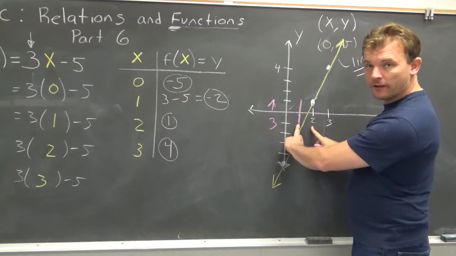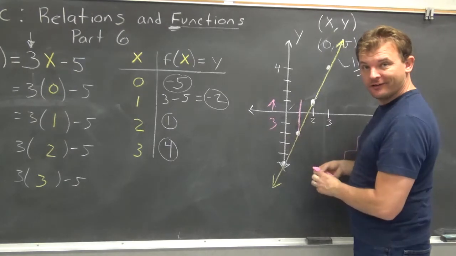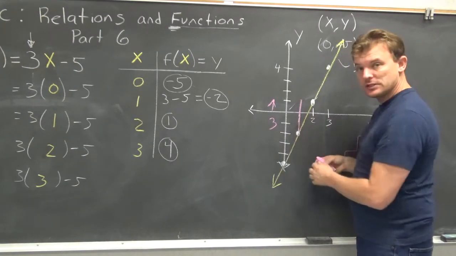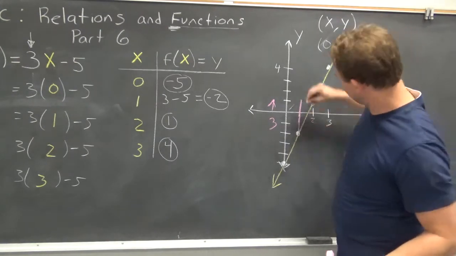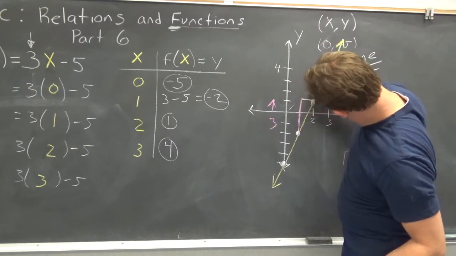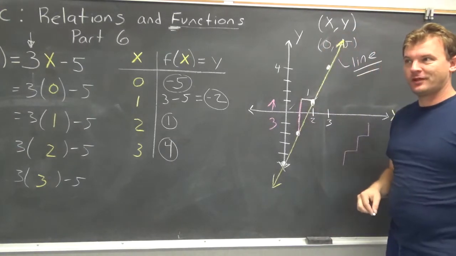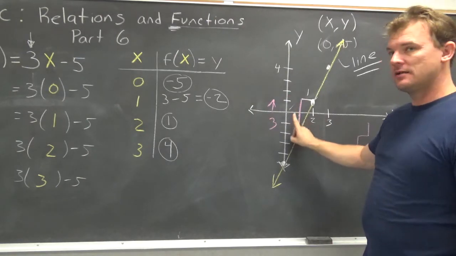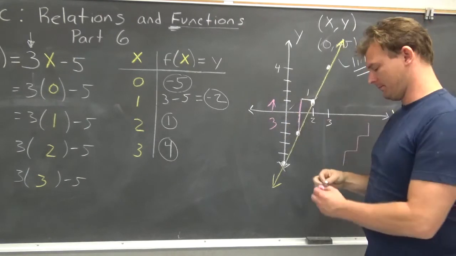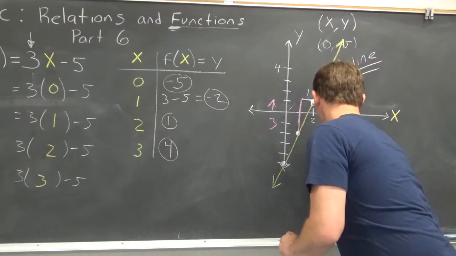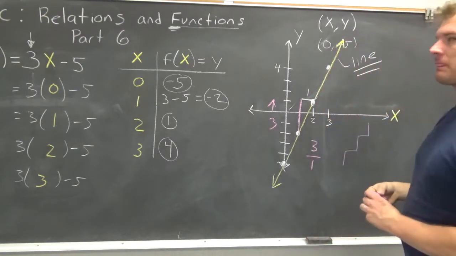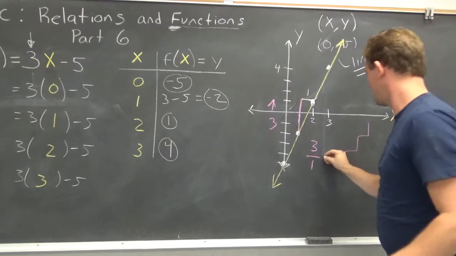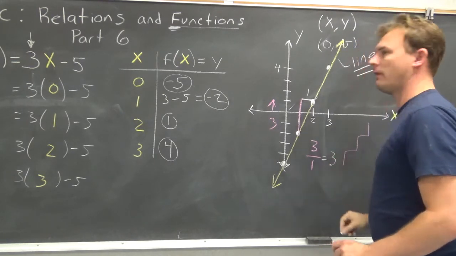From 1 step to 2 step, how many do I go? 1. So, rise over run. Isn't that 3?